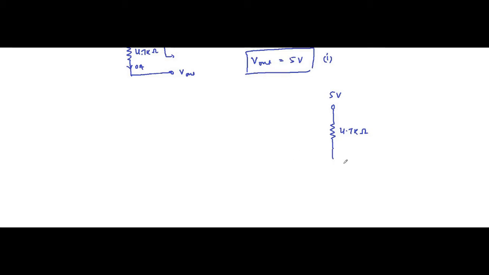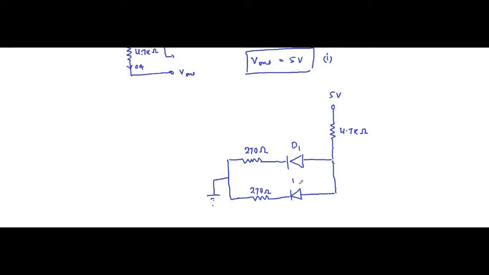Then we have the diode, then we have 270 ohm, again the diode, and 270 ohm, and both V1 and V2 are 0 volt, meaning we can consider them connected to ground. Okay, this is D1, this is D2.